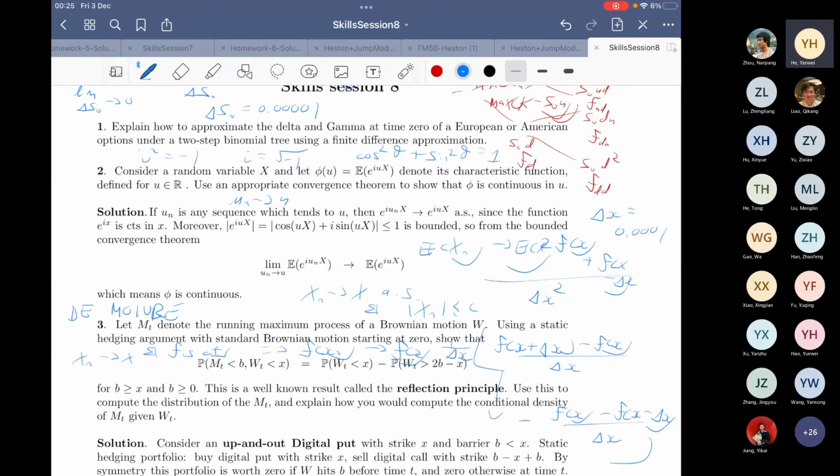But in this case, we've shown that the inside has almost sure convergence to e^{iuX}, and this whole family of random variables on the inside is bounded. We're allowed to take this limit essentially inside the expectation.